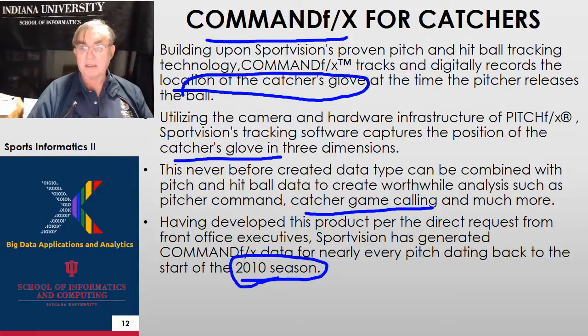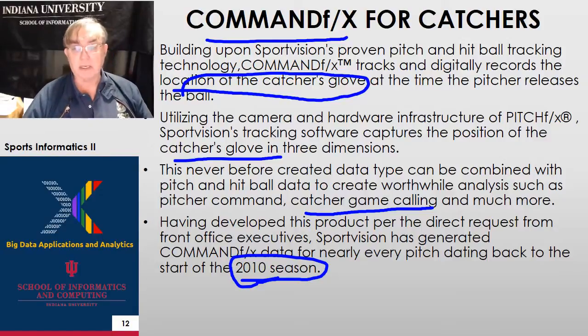And whether a catcher has particular difficulties with a certain pitch, you could obviously find that out. So thank you very much. That's the end of this discussion of baseball.